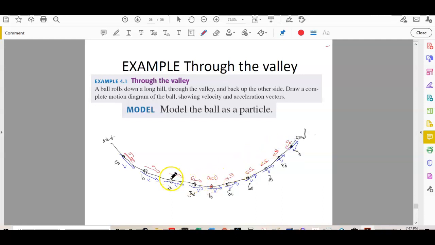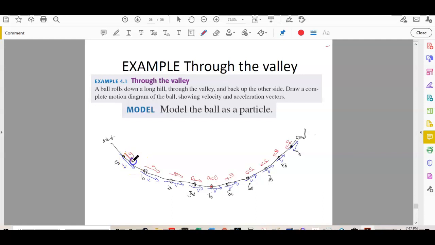But there's also something else going on here too, right? Since you're turning in a circle, and since we just talked about it, you're going to have an additional acceleration vector perpendicular to the direction of motion. So you actually have two simultaneous acceleration vectors. You have one parallel to the direction of motion, and that's the speed up, slow down acceleration vector, right?